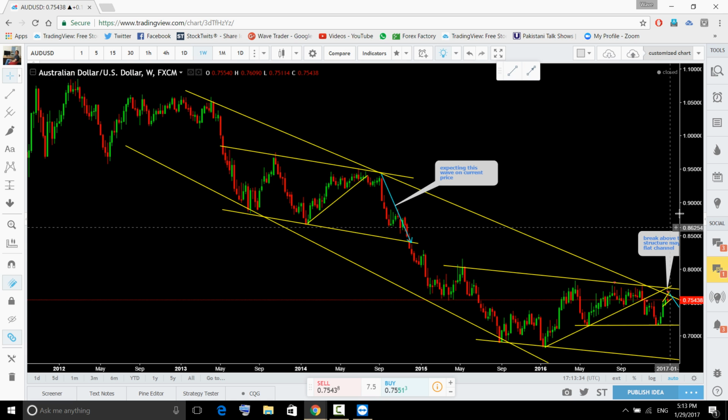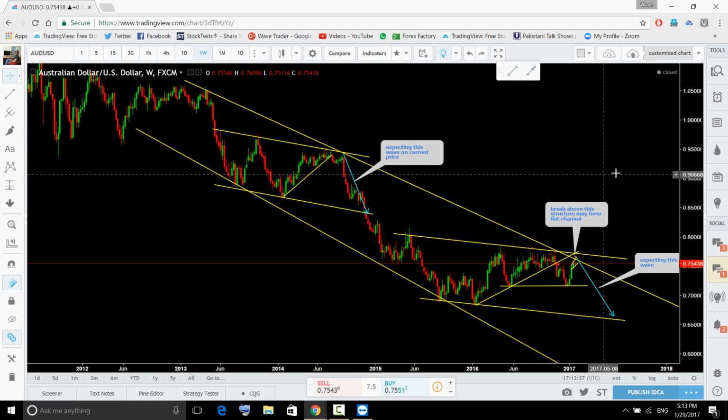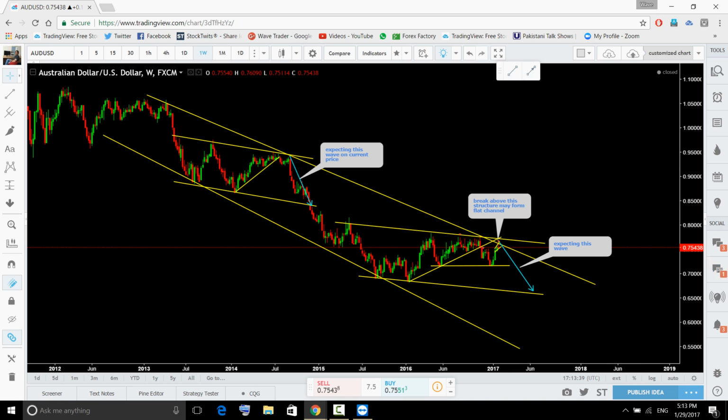And the Australian dollar, the move I'm looking for on this pair is still to the downside. I'm still expecting we're going to see this move. If the dollar index starts to rise, then of course we may see this move.